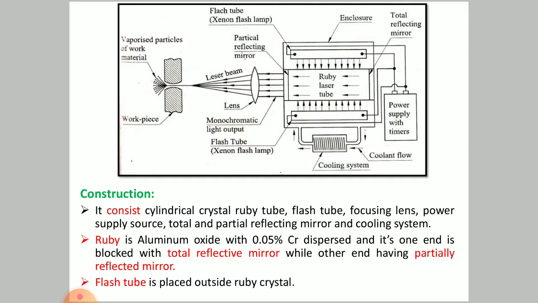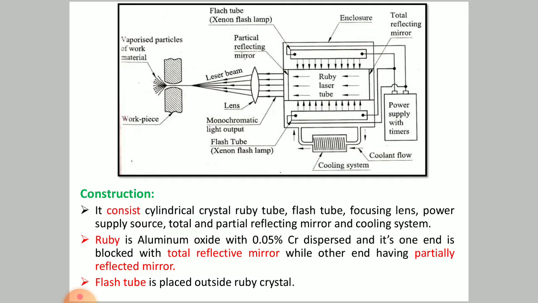It will oscillate in the crystal, and after achieving sufficient kinetic energy, it will emerge out of the partially reflecting surface. You can observe here a lens kept at the outer periphery. It will strike the lens, and that lens will concentrate the beam onto the workpiece, and that beam will actually perform the machining process.